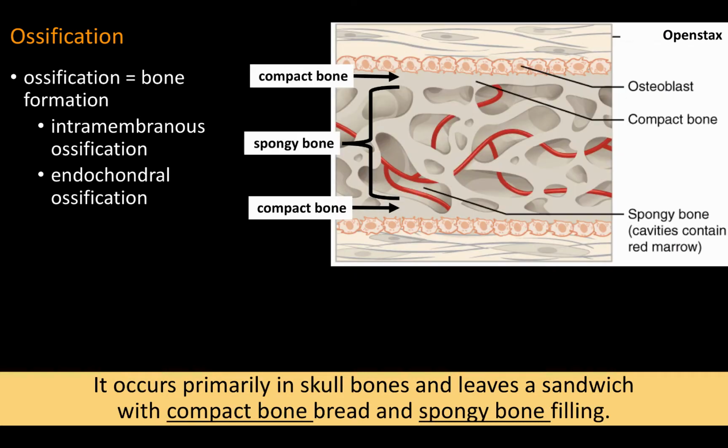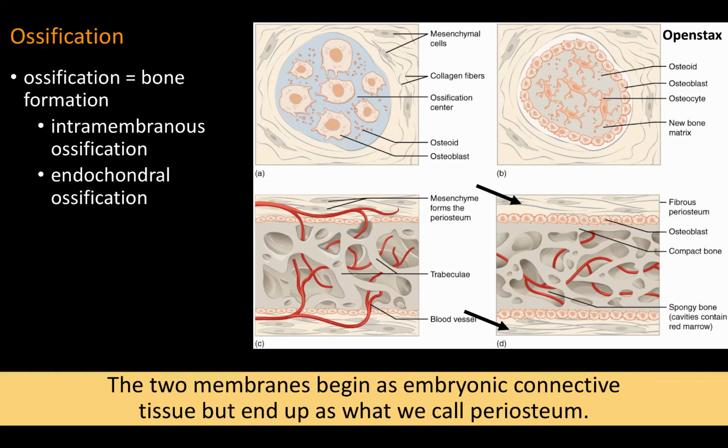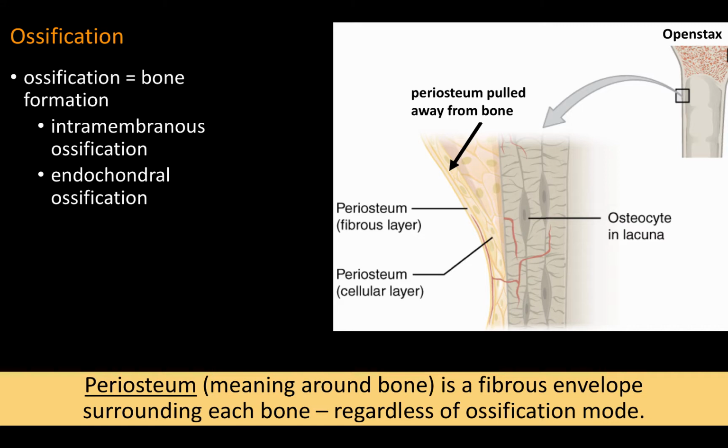It occurs primarily in skull bones and leaves a sandwich with compact bone bread and spongy bone filling. The 2 membranes begin as embryonic connective tissue, but end up as what we call periosteum. Periosteum, meaning around bone, is a fibrous envelope surrounding each bone, regardless of ossification mode.